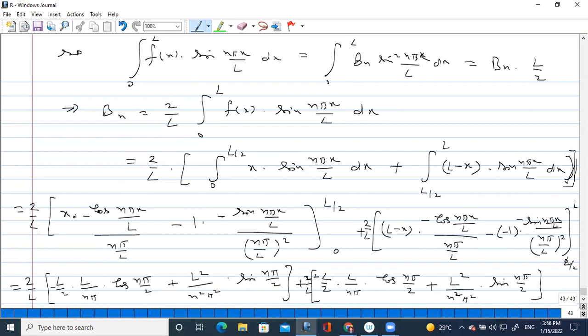Because L by 2 term only is there, so that will be in minus. Minus already there, so minus minus plus. So if you check, this term will be cancelled with this. And these two terms will be added, this one and this one.